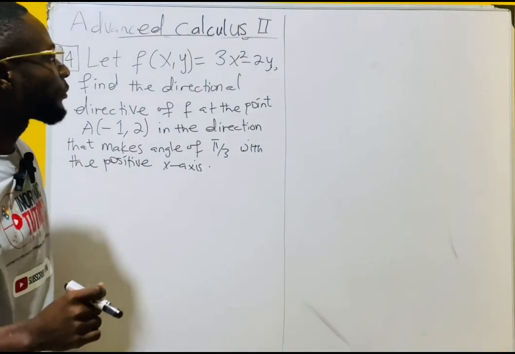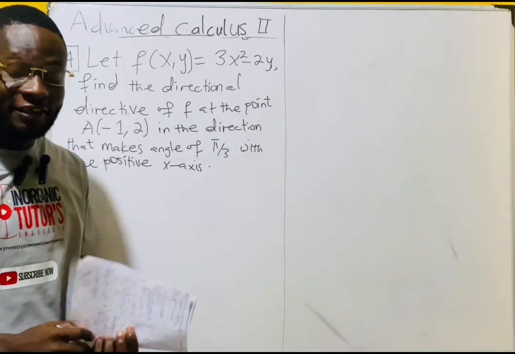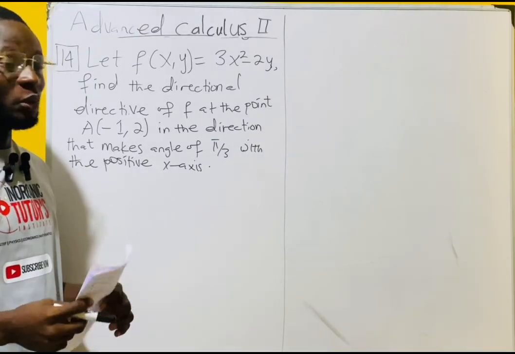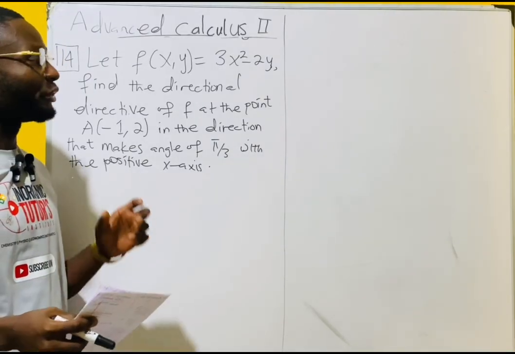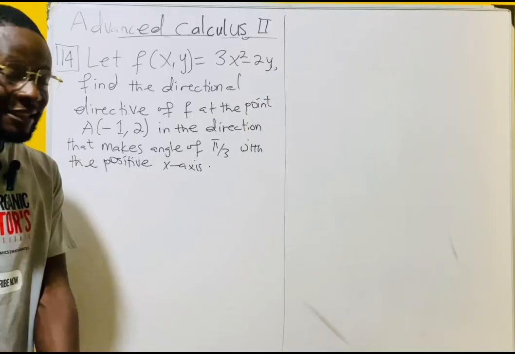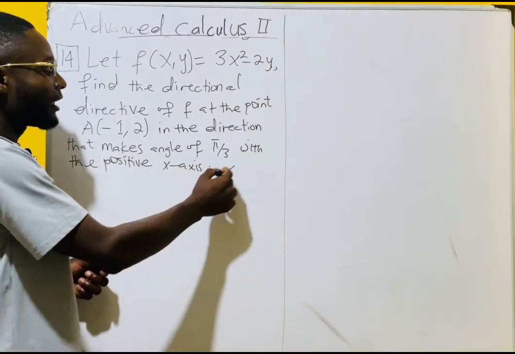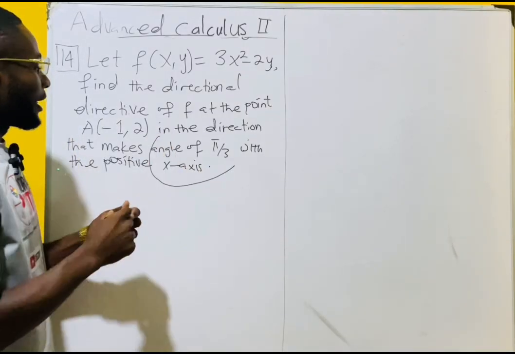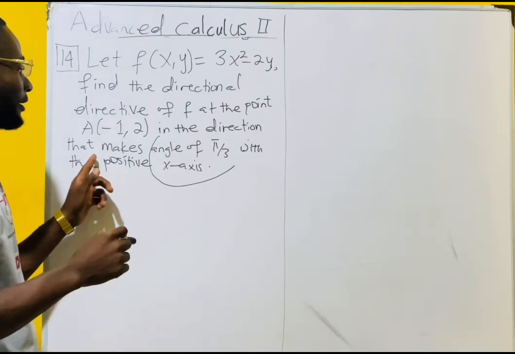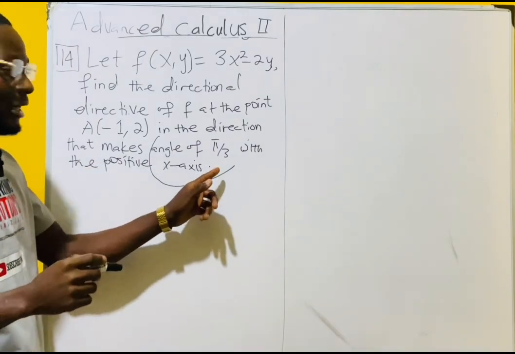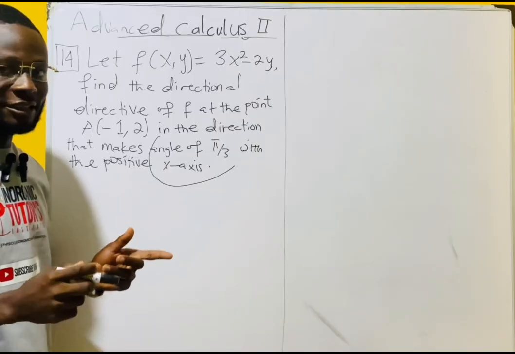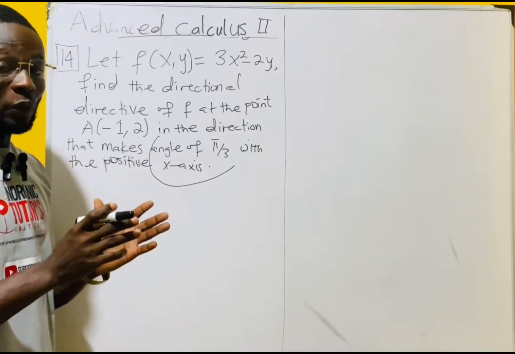Okay, so this directional derivative kind of problem, we've solved a number of them and we know how to solve it. But in this instance, we have been given the direction that makes an angle of pi on 3 with the positive x-axis. So this is a new frame of question, right?